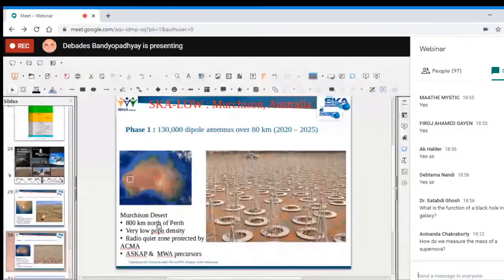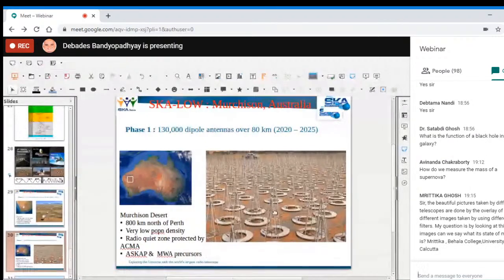So in Australia, the detectors are dipoles. In the earlier days, you have seen that dipole in our TV antenna. It is very similar to that. So 130,000 dipole antennas will be distributed over 80 kilometers.